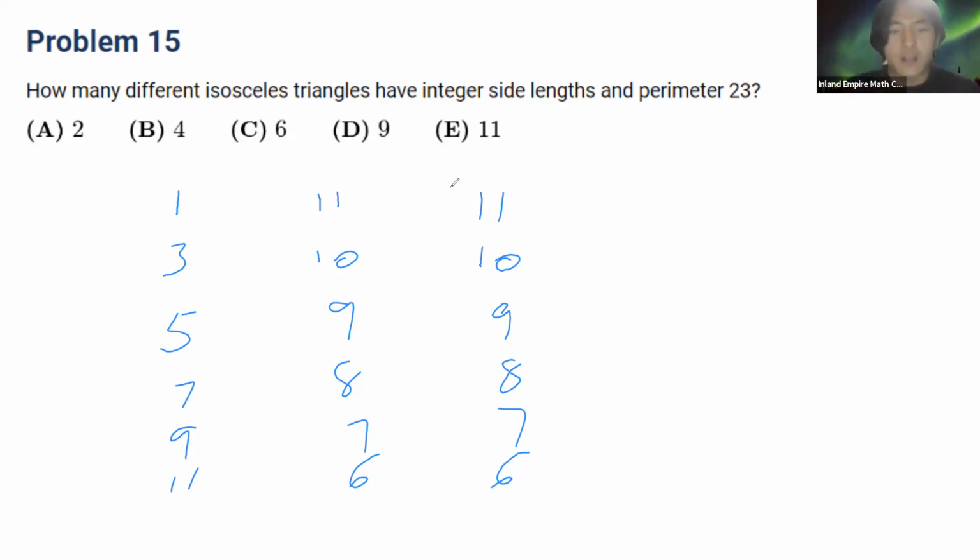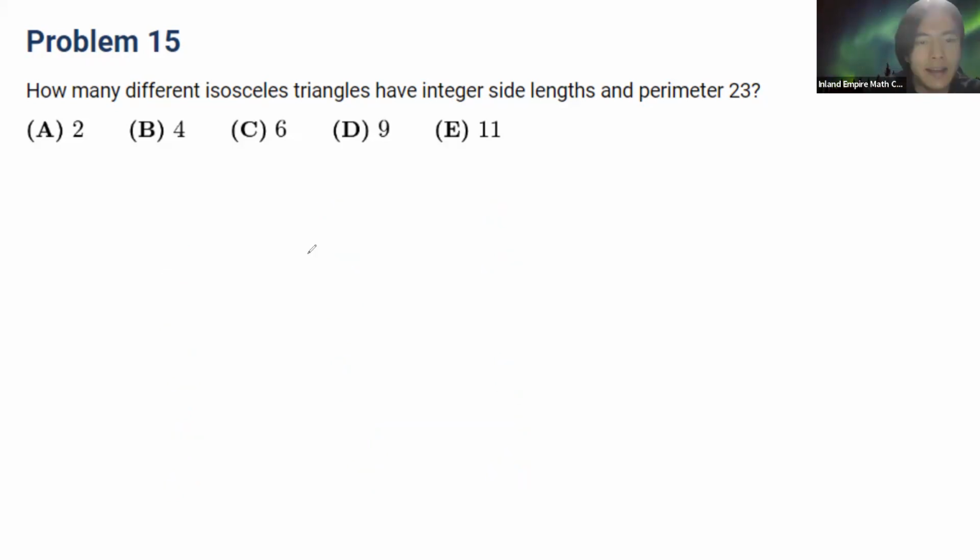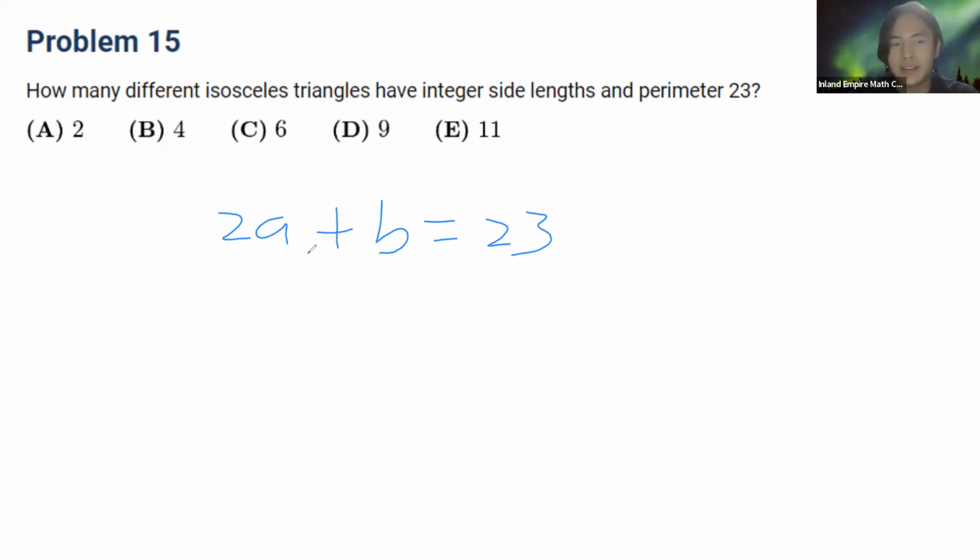And when you say that, what you mean is that you start off by writing 2a plus b equals 23, right? Because it's an isosceles triangle, and you want to make sure that it has two sides with the same length. So you want to have a 2a to represent that and a b to represent the third side.